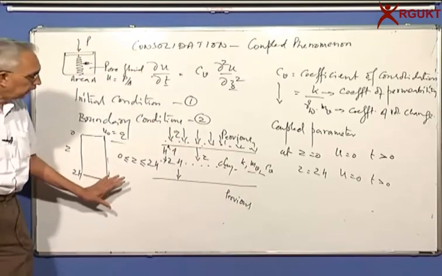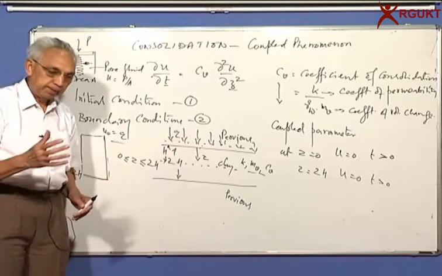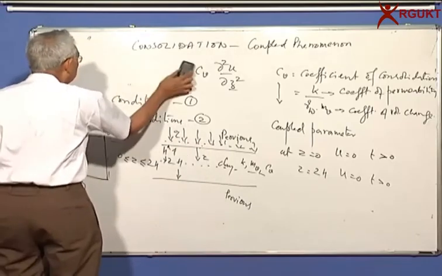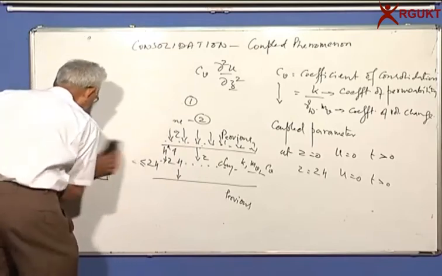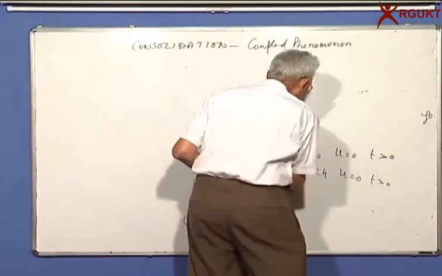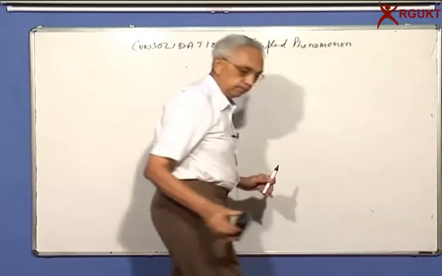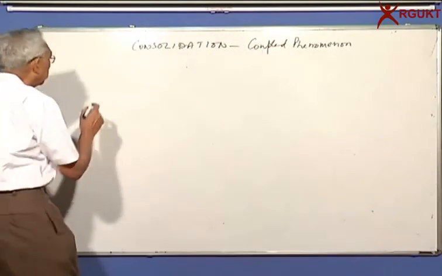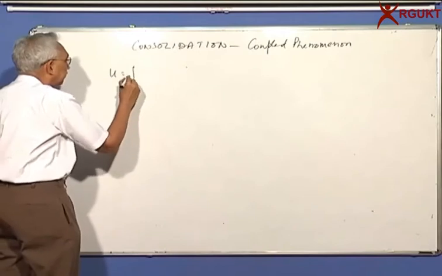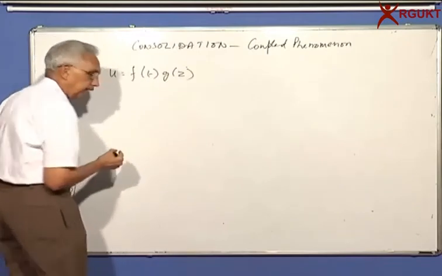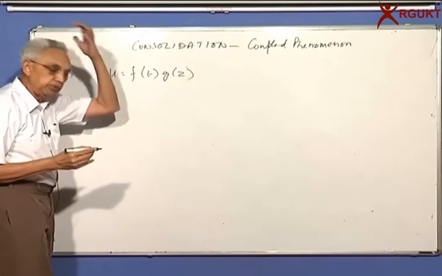And if you now satisfy these from your mathematics, you will be able to derive the solution through a technique called variable separables. Solution of the partial differential equation can be obtained very easily, saying that u is a function of t and a function of z. I will not derive the whole thing because it becomes too elaborate.